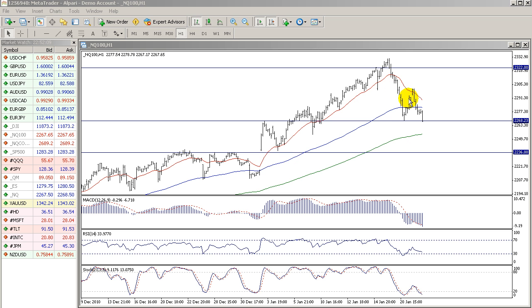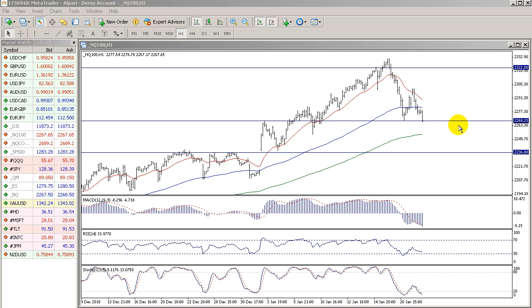What happened today? The market gapped up higher, rallied to the 2300 level, where we actually suggested a short position in our daily analysis, and then the market turned lower.